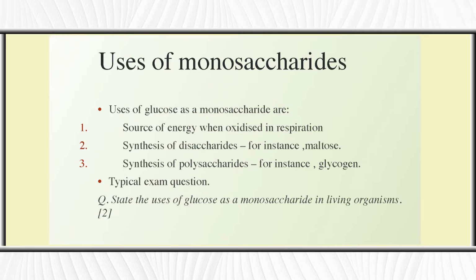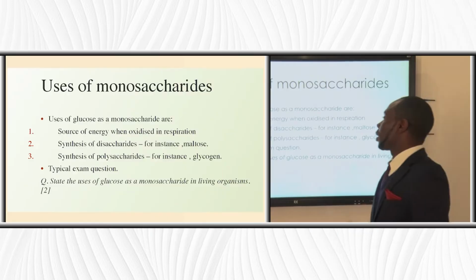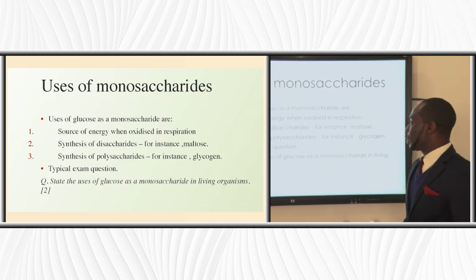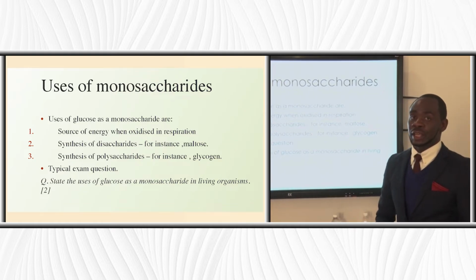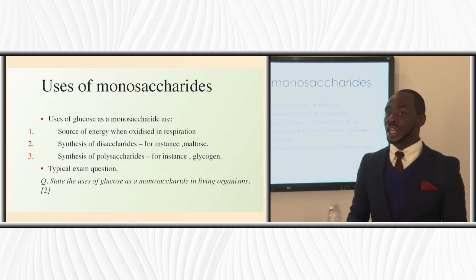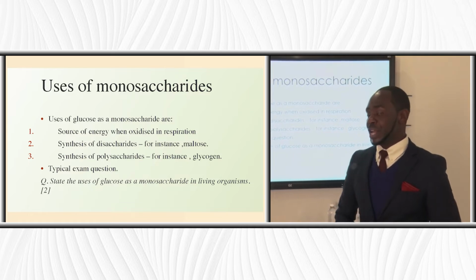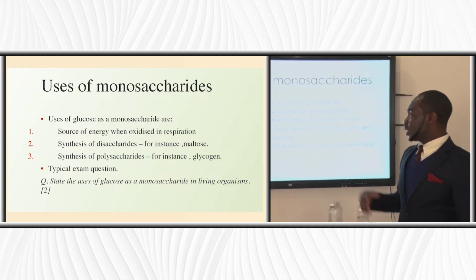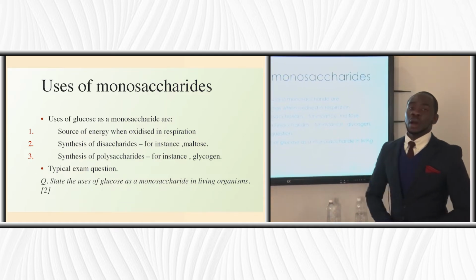Uses of monosaccharides. Uses of glucose, representing the monosaccharides, are as follows. 1. Source of energy when oxidized in respiration. These are used as substrate in respiration. 2. Synthesis of disaccharides.